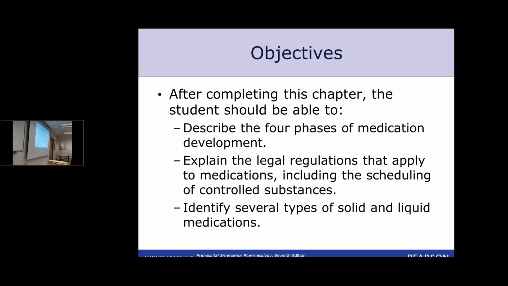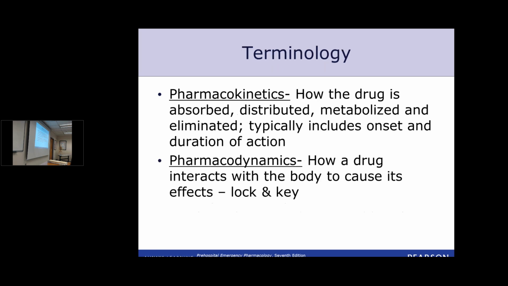We're talking about the legal regulations that apply to you, medications including the scheduling of controlled substances. We're going to camp there. We're also talking about the differences between a solid and a liquid medication. So pharmacokinetics, pharmacodynamics, you know this. You're going to get a whole hour's worth of this tomorrow.